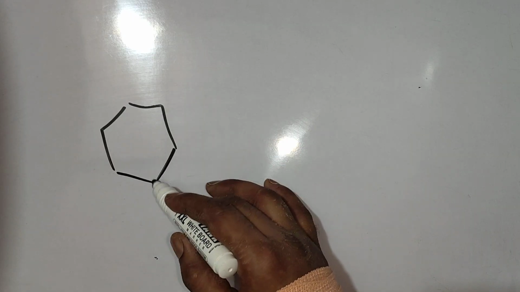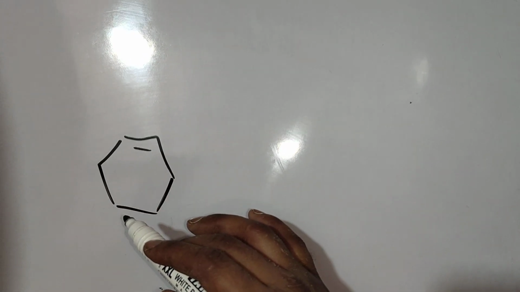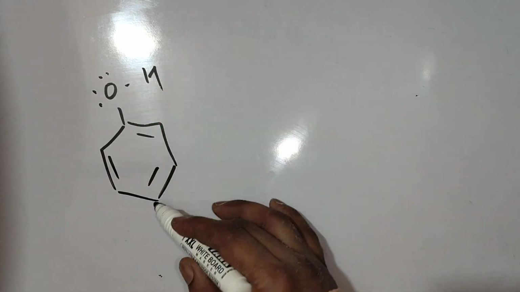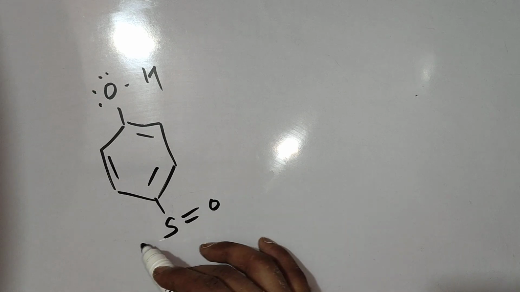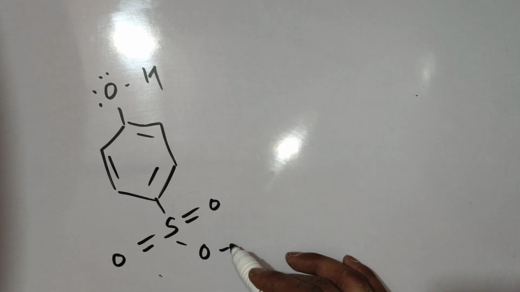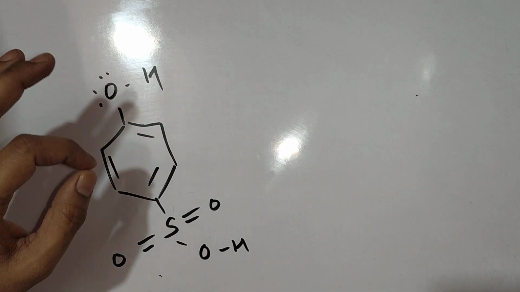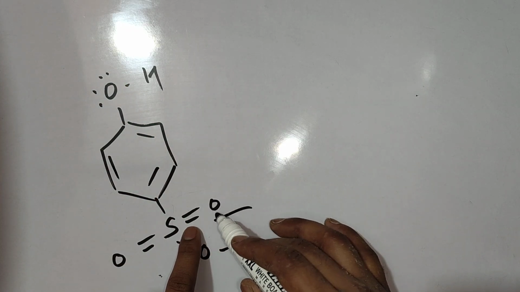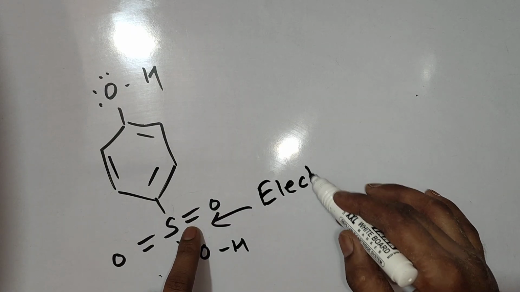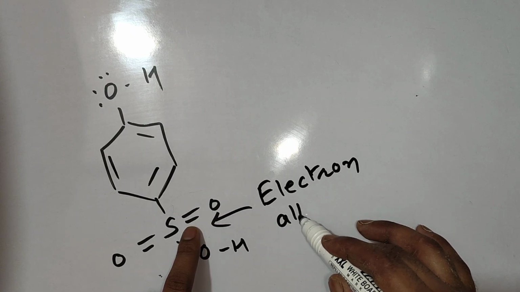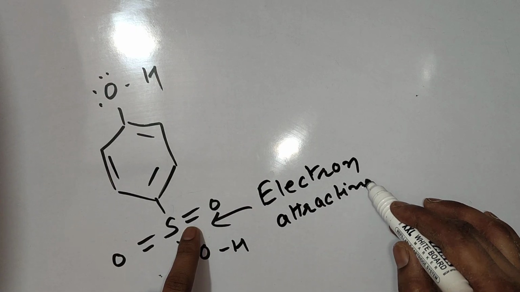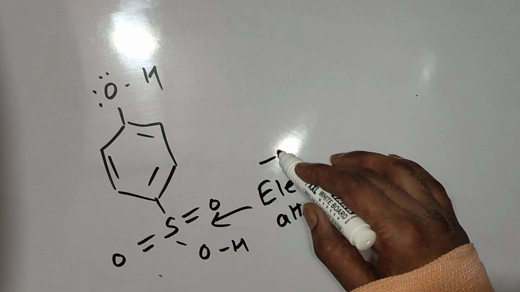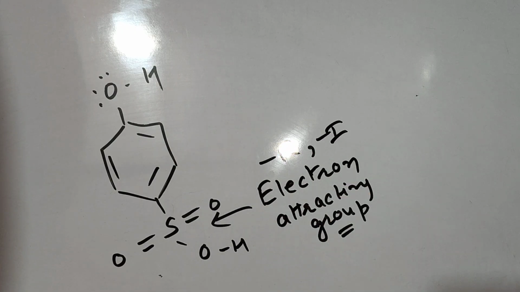Obviously, the sulfonic group will be added at the ortho and para positions. Suppose I have added the sulfonic group at the para position. Now what will this sulfonic group do, check. The sulfonic group is an electron attracting group by two factors, -R and -I.